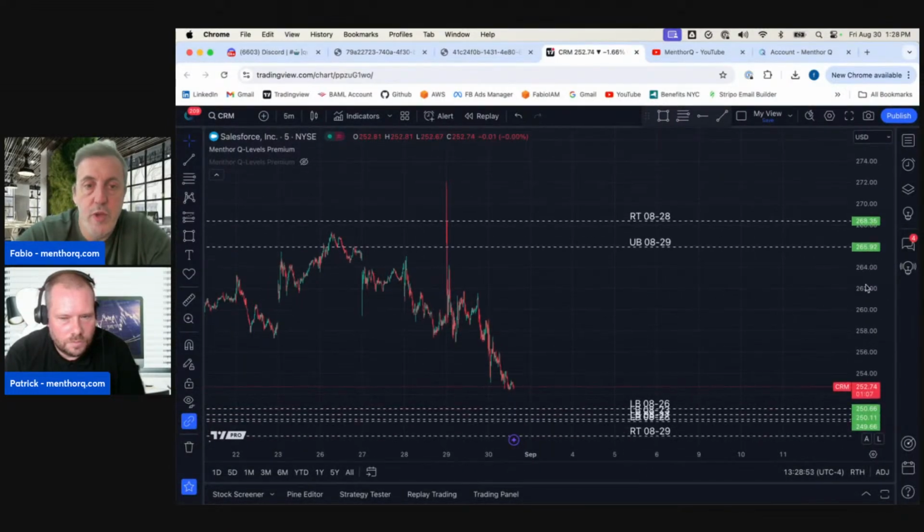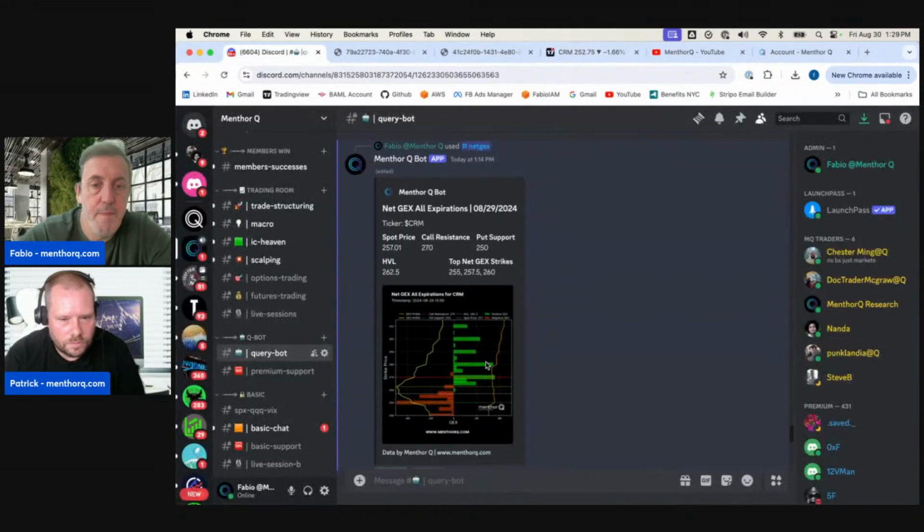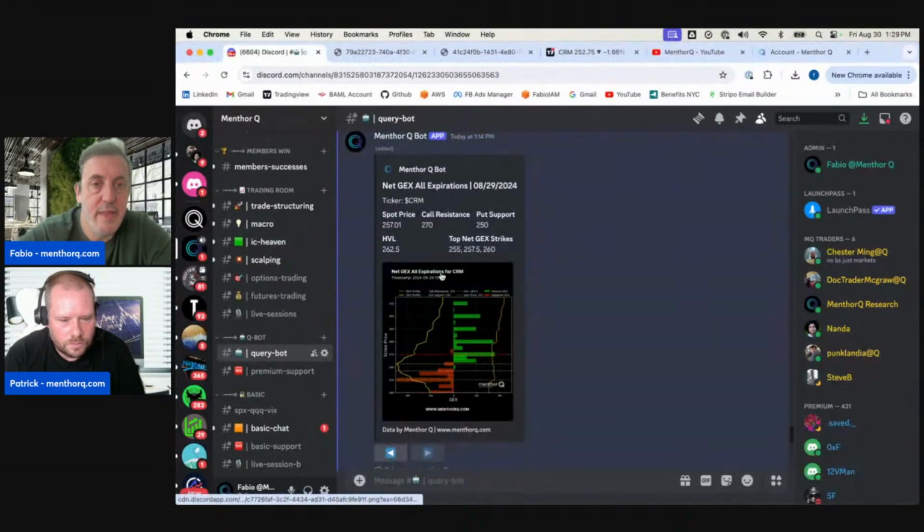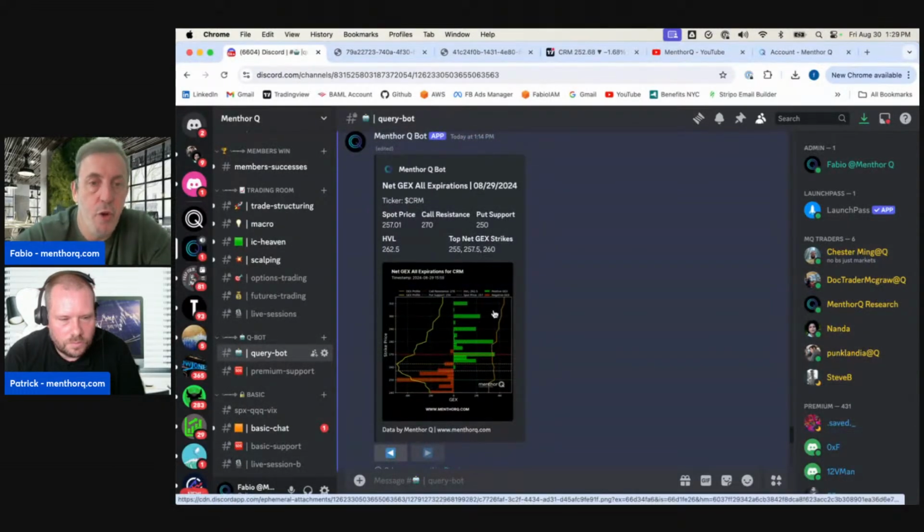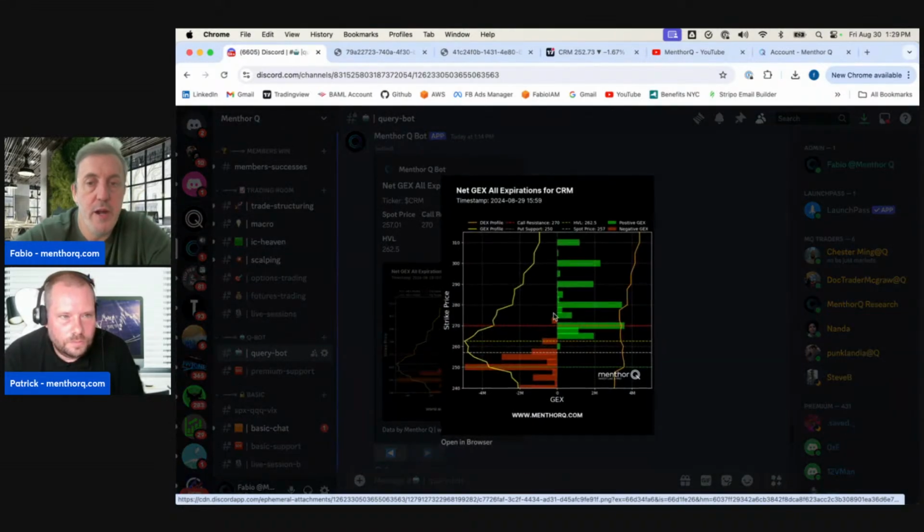We had earnings on Wednesday, I believe. So a very important chart is the net GEX chart. This is always the main one that we look for. We look for visual confirmation. Green bar is call gamma. Red bar is put gamma, right?